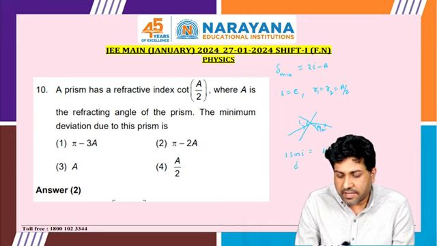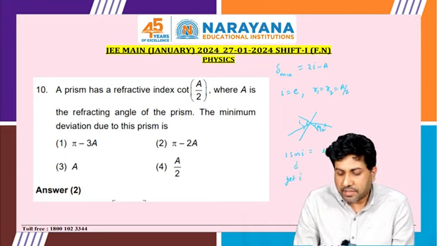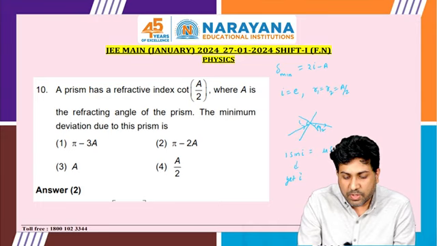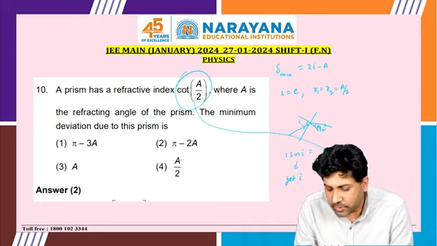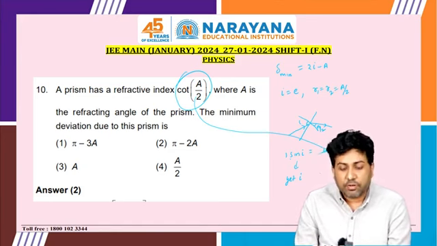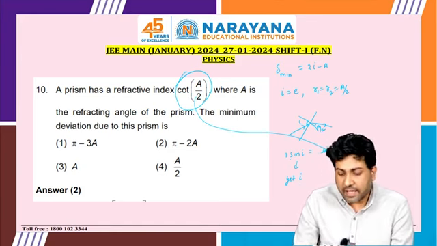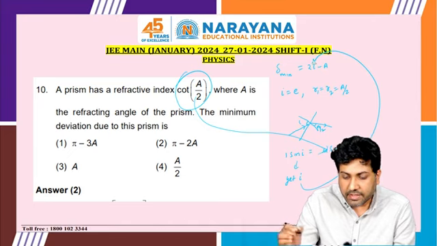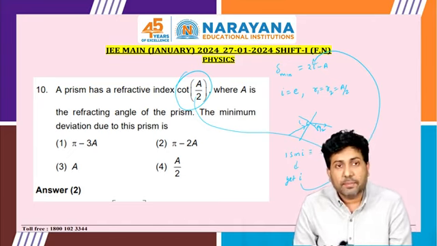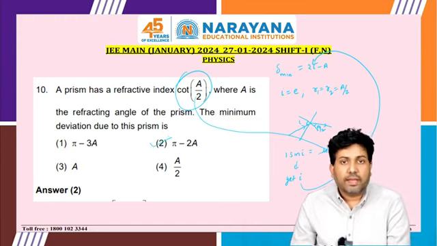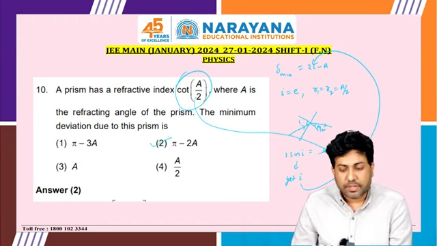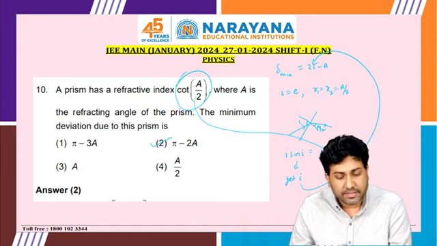From here we can get the value of i, and mu is given to you as cot(A/2). So from this mu I will put it here and get the value of i, and this i I will put in the equation of δ_min, that is 2i minus A, and finally we will get π minus 2A. That will be your answer. You can just put it and you will get the answer.